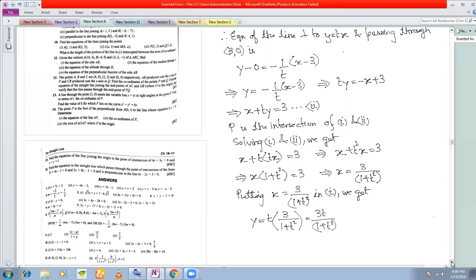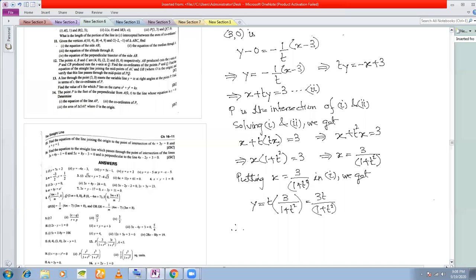So what is the coordinate of P? Therefore, coordinates of P in terms of t is 3 by 1 plus t square and 3t by 1 plus t square. This is the coordinates of P in terms of t. Okay. So that is what was asked.